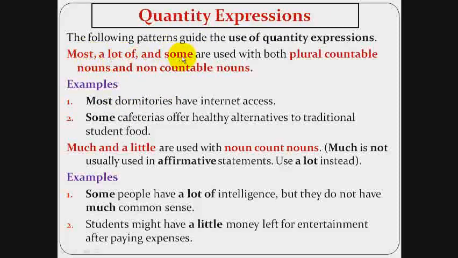Let us take examples of quantity expressions based on most, a lot of, and some. Okay, most dormitories have internet access. Dormitories are rooms, university rooms. Okay, so dormitories are countable nouns because rooms can be counted from 1 to 3 up to the end. So most dormitories have internet access. Okay, this one. Some cafeterias offer healthy alternatives to traditional student food.